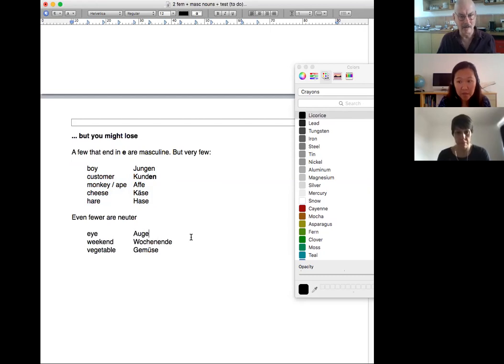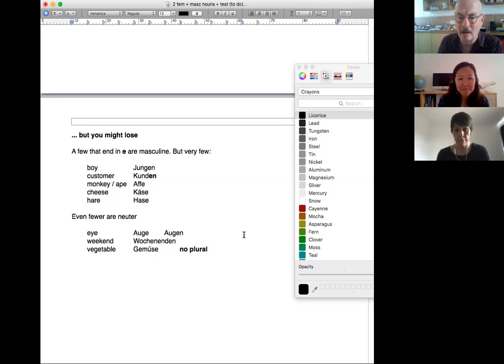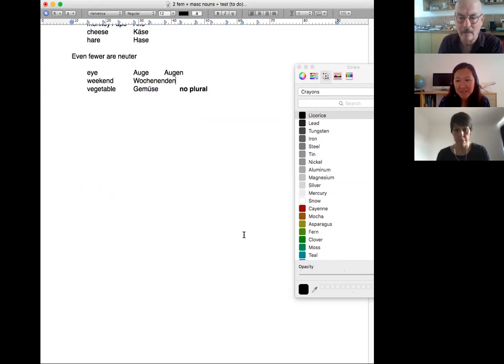So what are eyes? Augen. And Wochenende is going to be Wochenenden. And Gemüse? No plural. No plural of vegetable in German. It's just Gemüse. This could be Wochenende or Wochenenden. But anyway, if it ends in E, you're going to go with it being feminine.